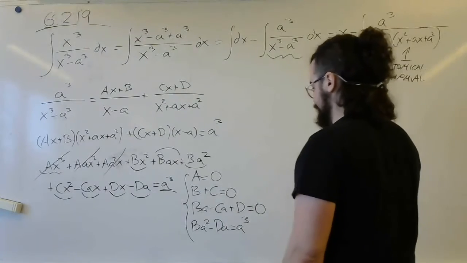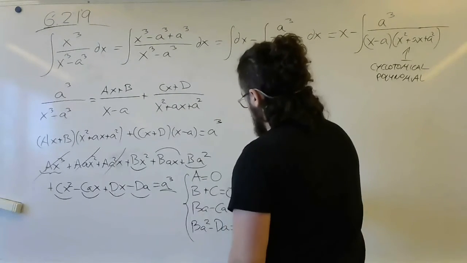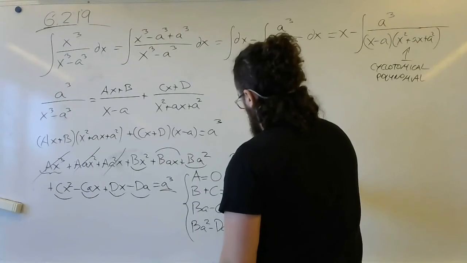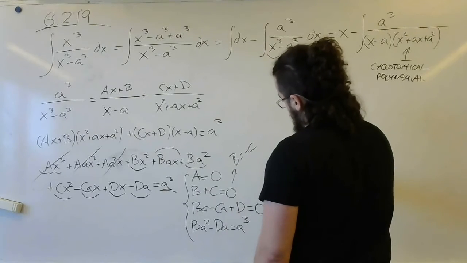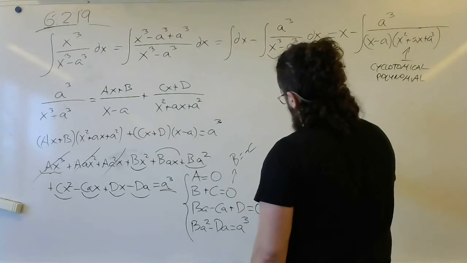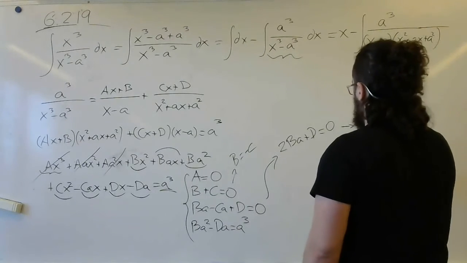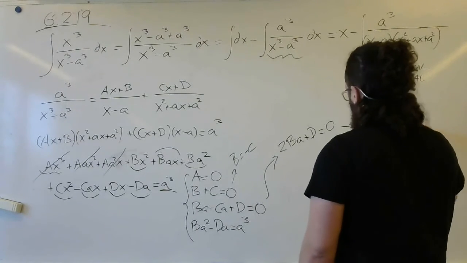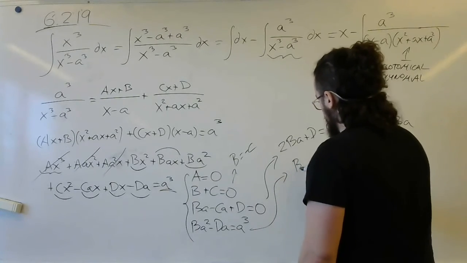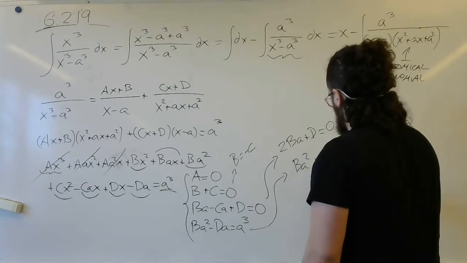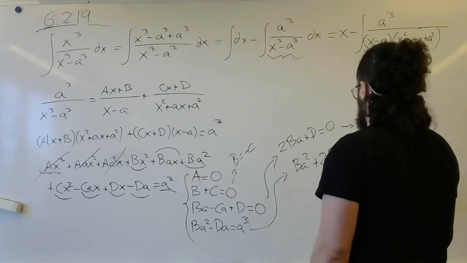So, first of all, b equals minus c. We put it into this equation, and we have 2ba plus d equals 0, from which d is minus 2ba. We put it into the last equation, ba squared plus 2ba times a squared, a cubed.